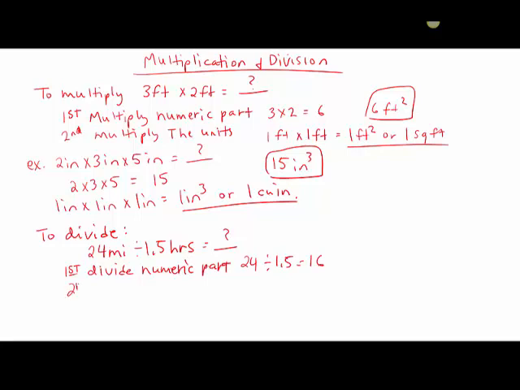Then second, divide the units: 1 mile divided by 1 hour. Or you might see it as 1 mile per hour. So this little divided sign here means per. 1 mile per hour.